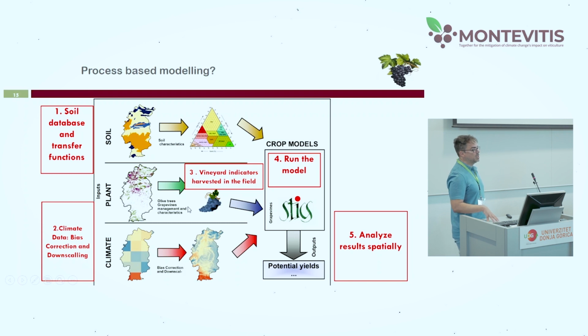Also, we get other indicators from farmers, such as the variety that is grown and how it is grown there, the training system and other important characteristics of the vineyards. And then we run the model spatially, not just for one point, but for every point inside this region, and we obtain the results, such as the potential yields of those vineyards in the area.